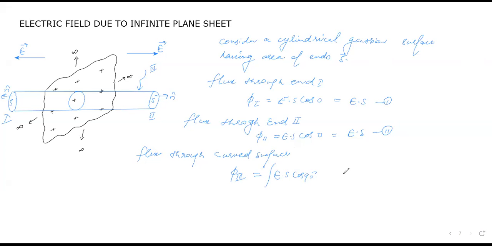Okay, this is your equation number 3. If cos theta is 90, then the final value will be 0.